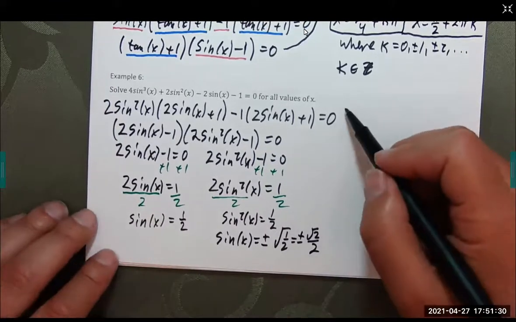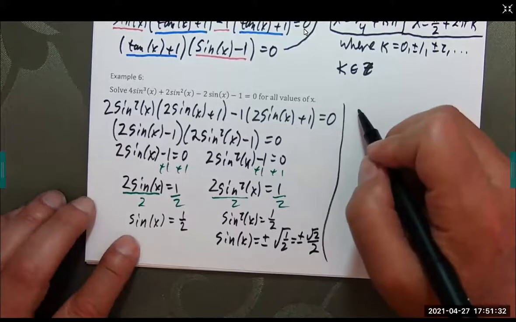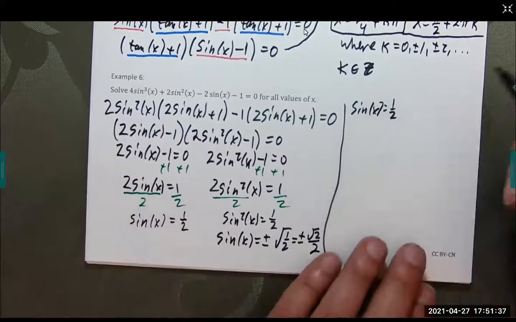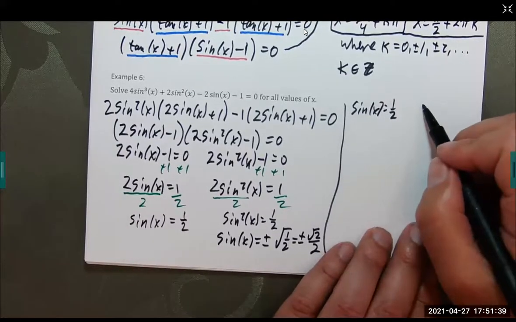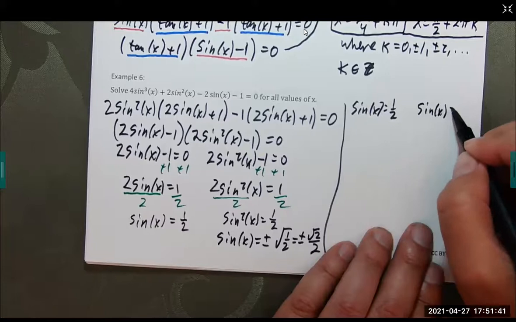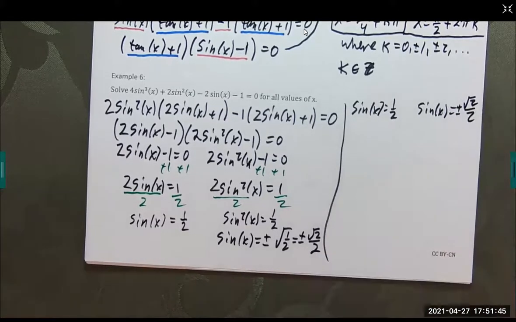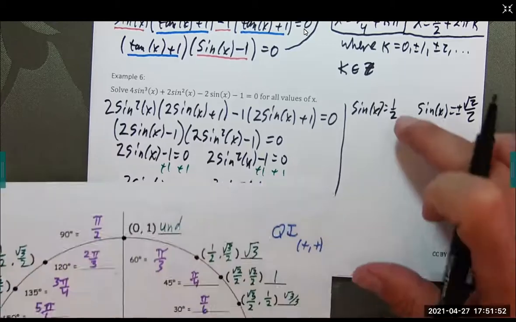So I'm going to rewrite this here. So sine x equals 1/2, and sine x equals plus or minus root 2 over 2. So in my unit circle, sine represents y.